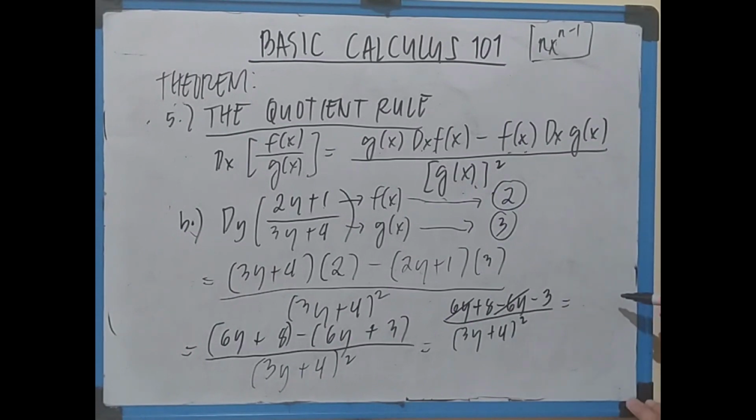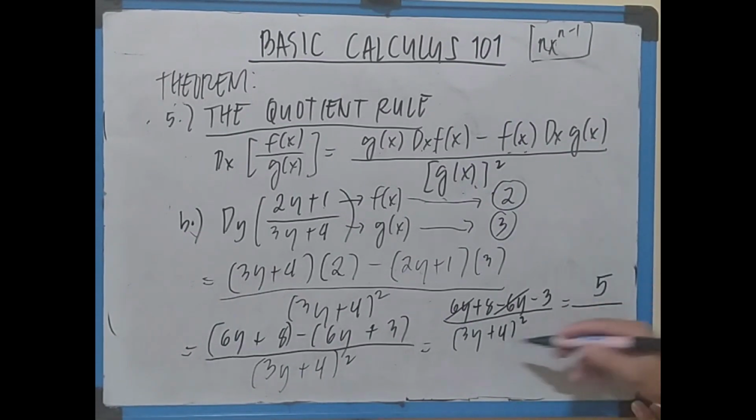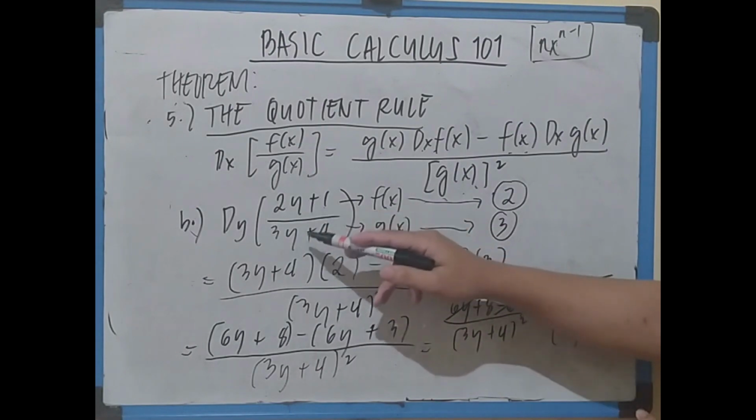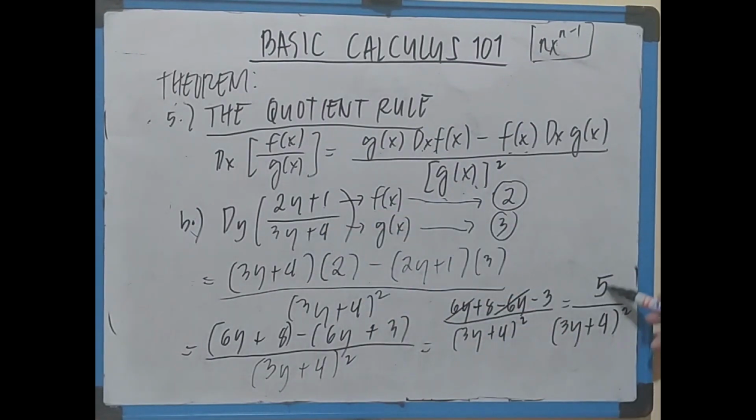So, this is automatically magiging 5 na lang all over 3y plus 4 squared. So if you wish to expand this binomial, pwede naman po, kagaya nung kanina. But then, the final answer for the derivative of 2y plus 1 over 3y plus 4 is 5 over 3y plus 4 squared.